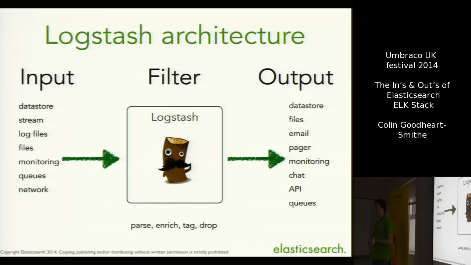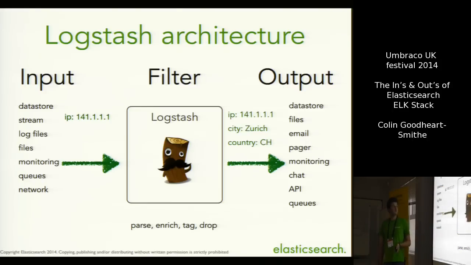So filters do this parsing, and then you can output that data to, again, a huge number of places, one of which is Elasticsearch, also to queues again. You can have it email people, and a whole host of other outputs are available.